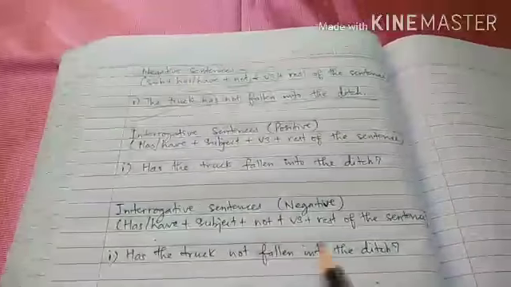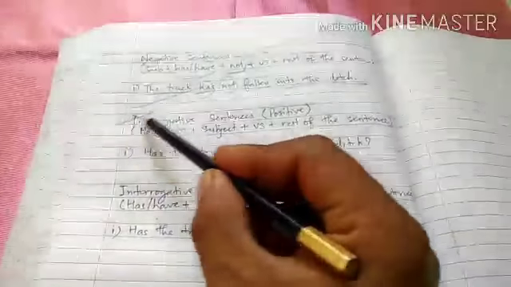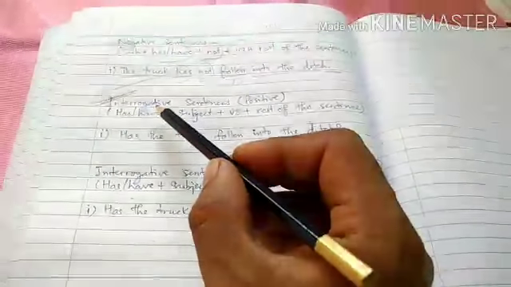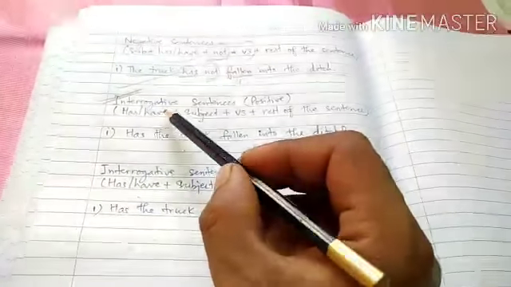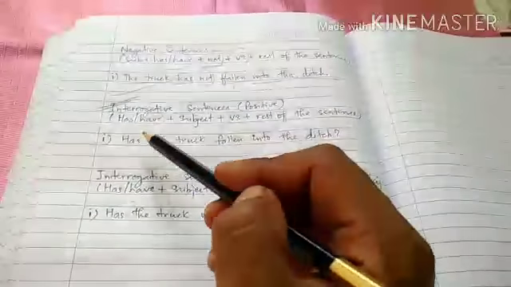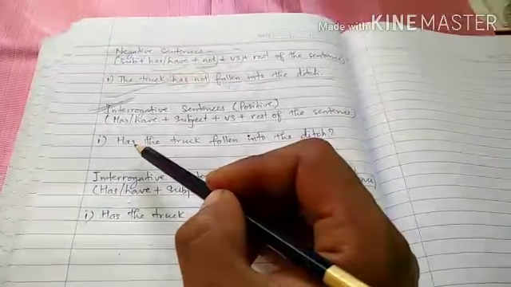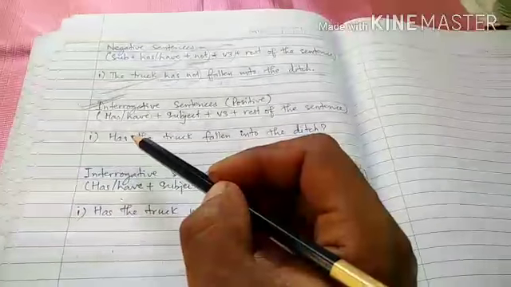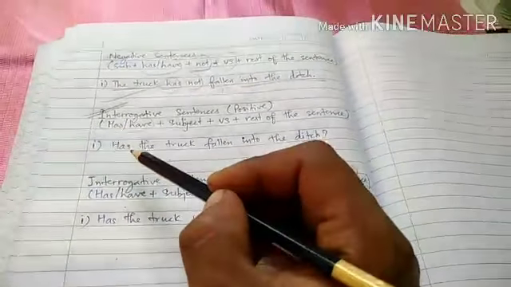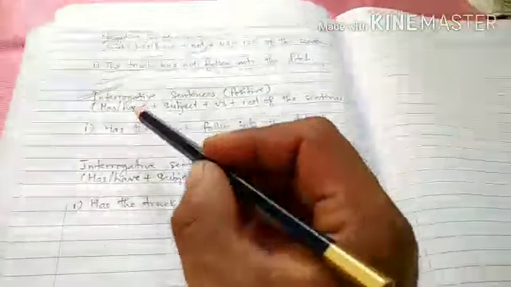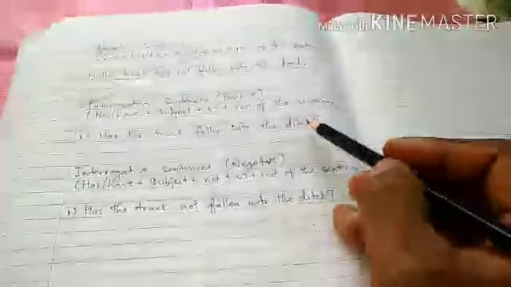Now we will see the positive interrogative sentences. So interrogative sentences here are framed with the helping verb, has or have. So we are changing the same sentence into interrogative. Whenever we frame question sentences using helping verbs, they are used at the beginning of the sentence and the subject comes between the helping verb and the main verb. Here, has the truck fallen into the ditch?